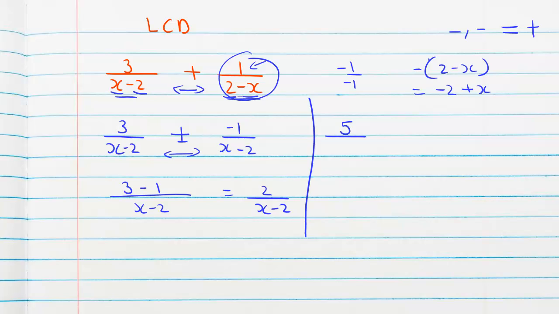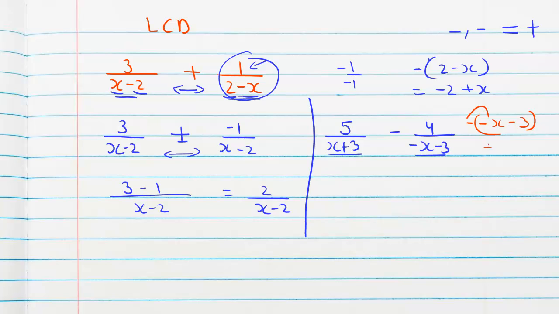We have 5 over x plus 3 minus sign. Then we have 4 over negative x negative 3. Now you can see both are positive here, both are negative here. So of course we will multiply the negative sign. If we multiply a negative sign, what happens?